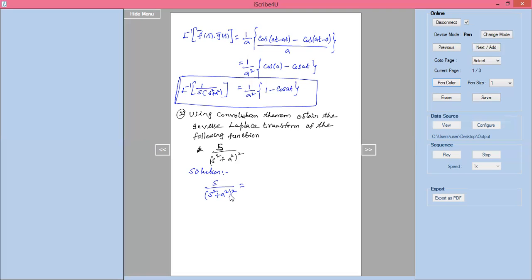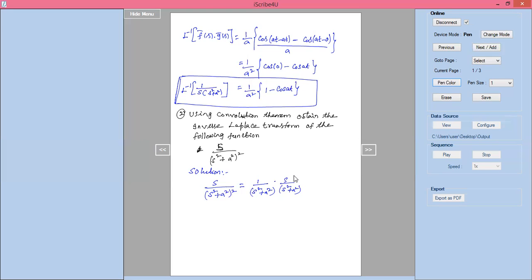So I write 1 divided by s square plus a square into s divided by s square plus a square. If you multiply these denominators, s square plus a square into s square plus a square is s square plus a square whole square, and 1 into s is s only.